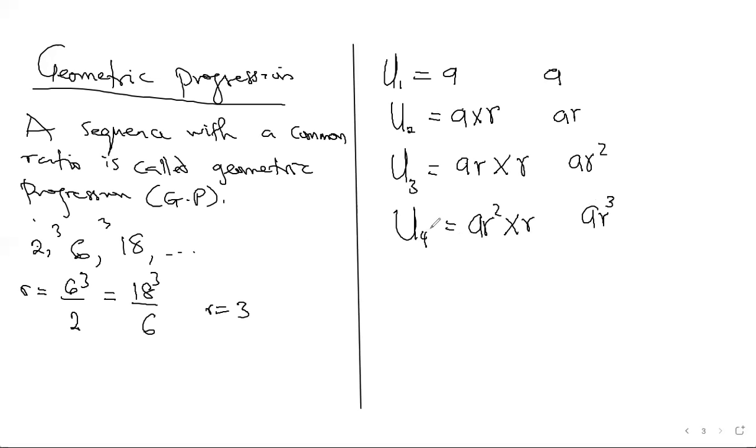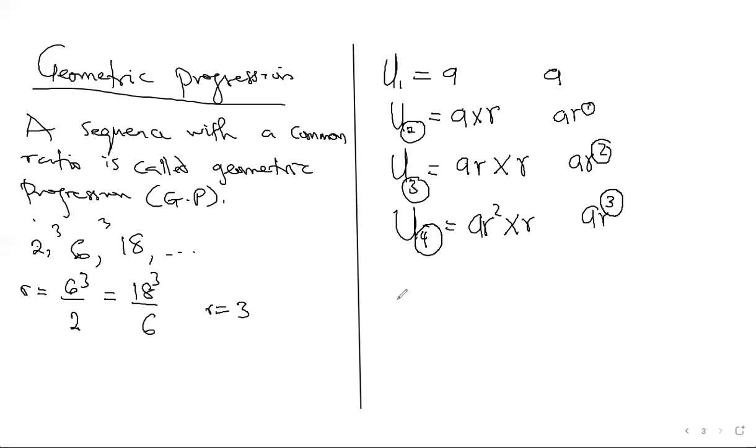Can you see a pattern there? When n is 4, the power of r is 3. When n is 3, the power of r is 2. So you subtract 1 from n to get the power of r. When n is 2, the power of r is 1. Then this should be 1, r is 1.